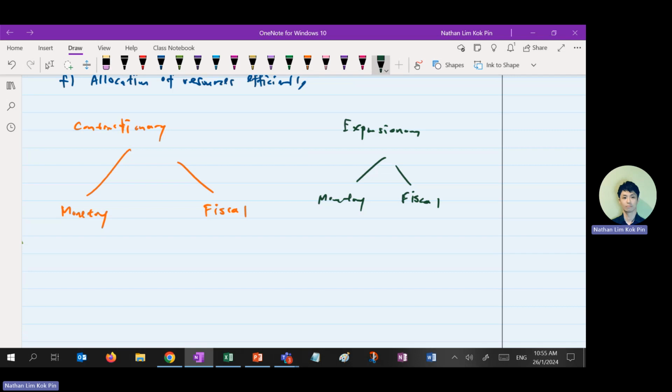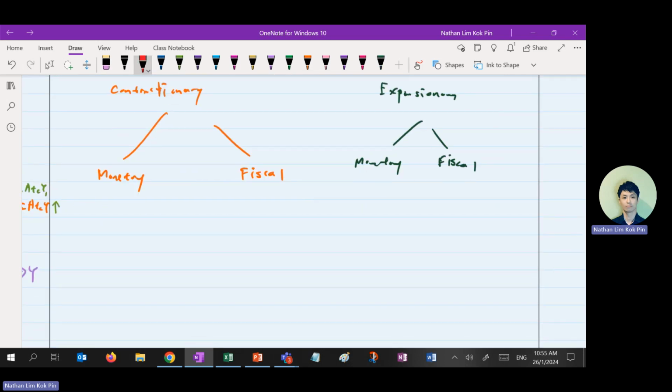So far, okay? Contractionary monetary policy, we decrease money supply or increase interest rate. Of course, the government can also do both together. Decrease money supply and increase interest rate. Does it make sense?